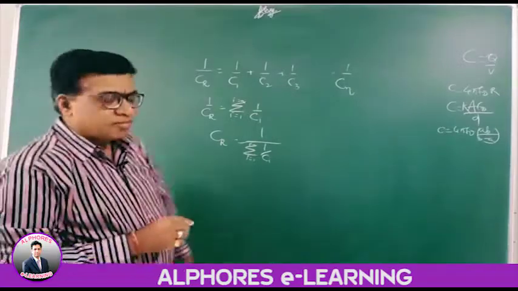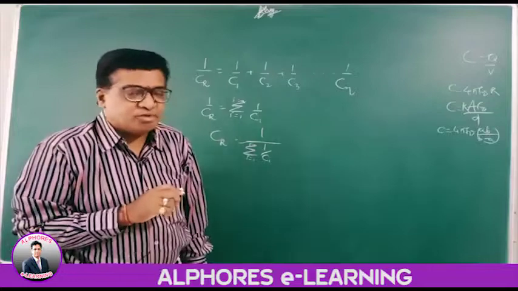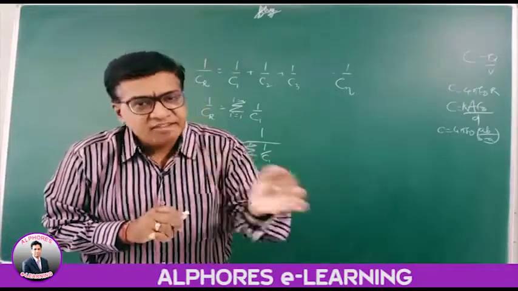This way you can find the capacity. In series combination, the net capacitance decreases, a very important point. The resultant capacity in series is always less than the individual capacitors.